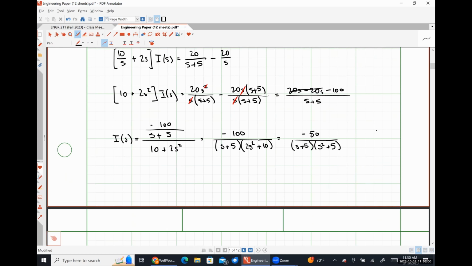VC of S would then be my impedance, so 10 over S times IS.